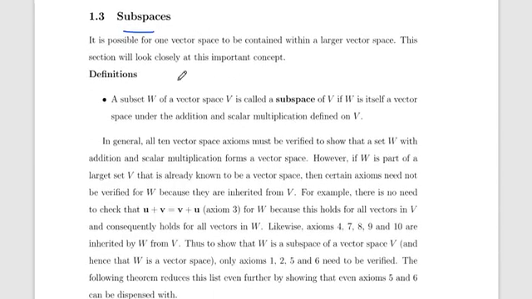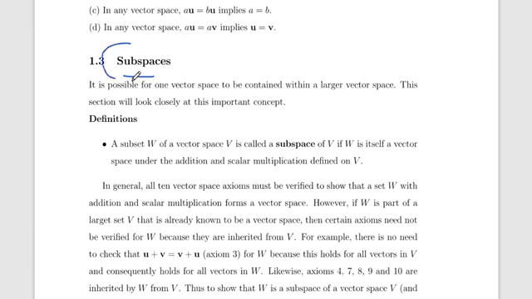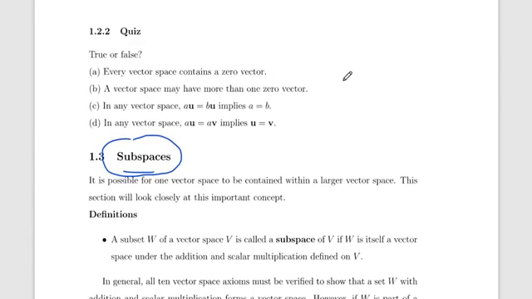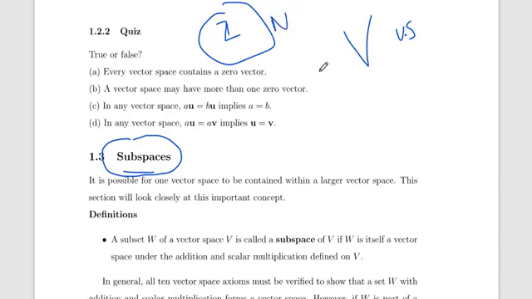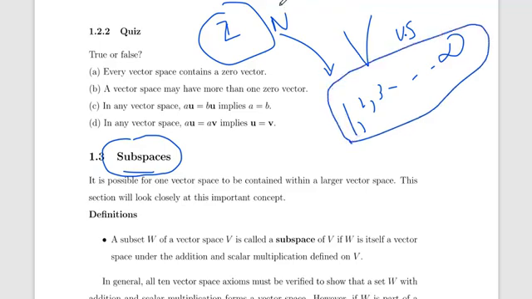What is the meaning of subspace? It means that if we have a vector space V, a subspace is a small part of it. For example, we all know the natural numbers, which continue 1, 2, 3 and on to infinity.